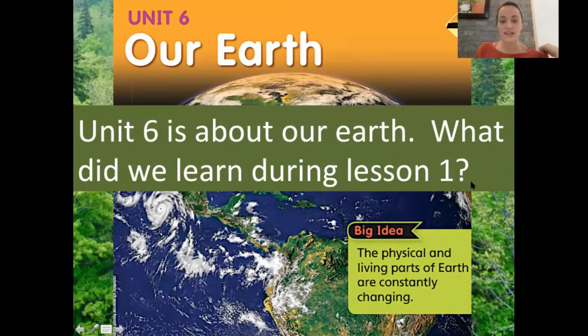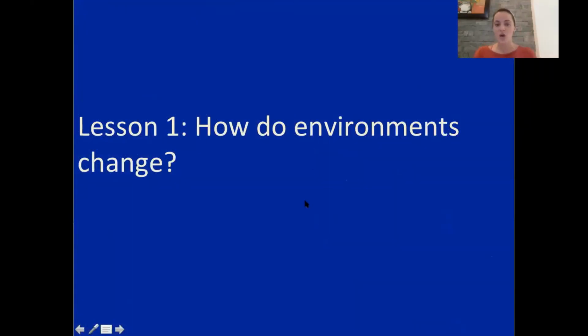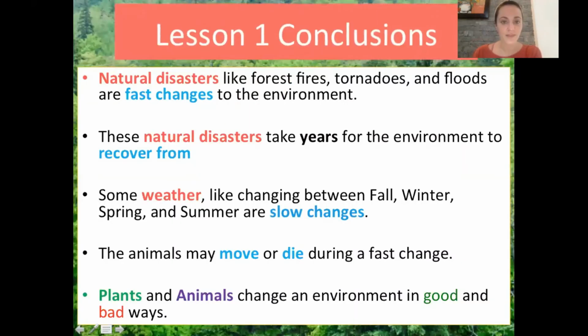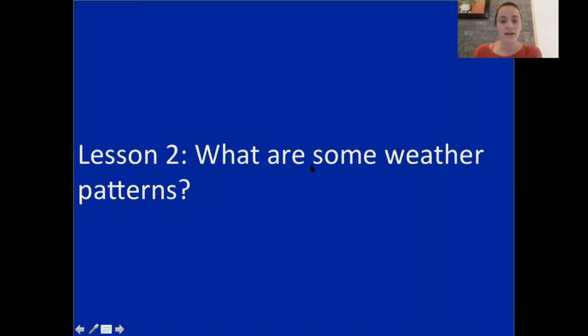So Unit 6 is about our Earth. What did we learn during Lesson 1? The last 2 weeks, we learned about how environments change. People change it, plants and animals change it, natural disasters. So, Lesson 2. This is Lesson 2.